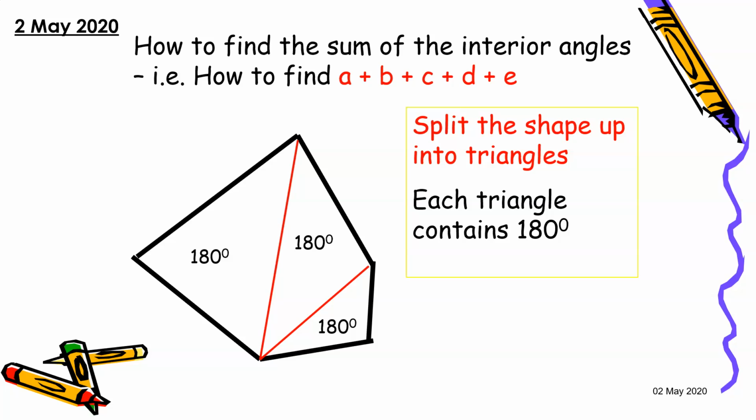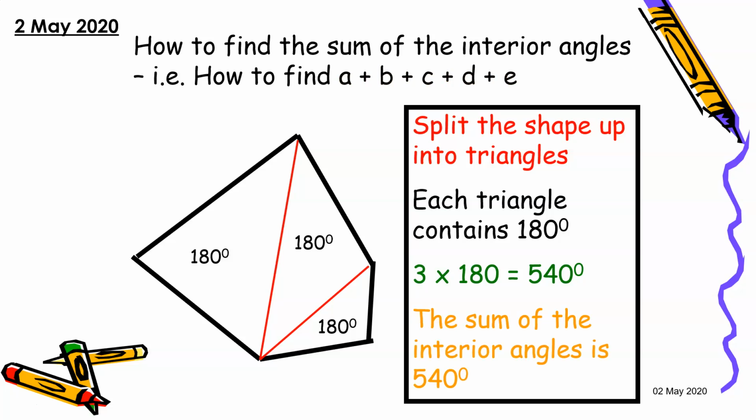So for this pentagon, it's just 3 times 180, which is 540. In fact, all pentagons follow that rule and make up 540 degrees.